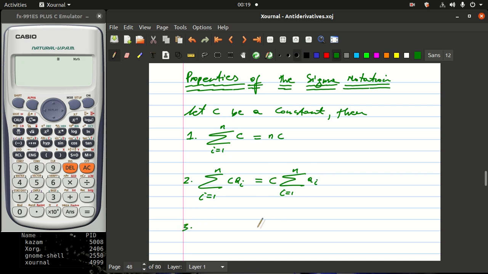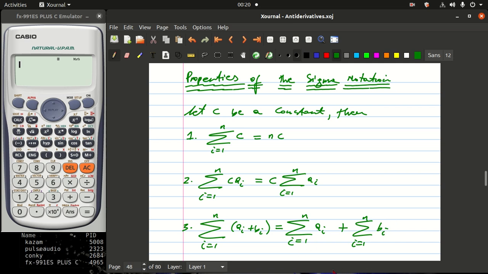The third one says if I want to find the sum running from i = 1 up to n of a_i plus b_i, the answer is the same as taking the sum from i = 1 to n of a_i and adding it to the sum from i = 1 to n of b_i.